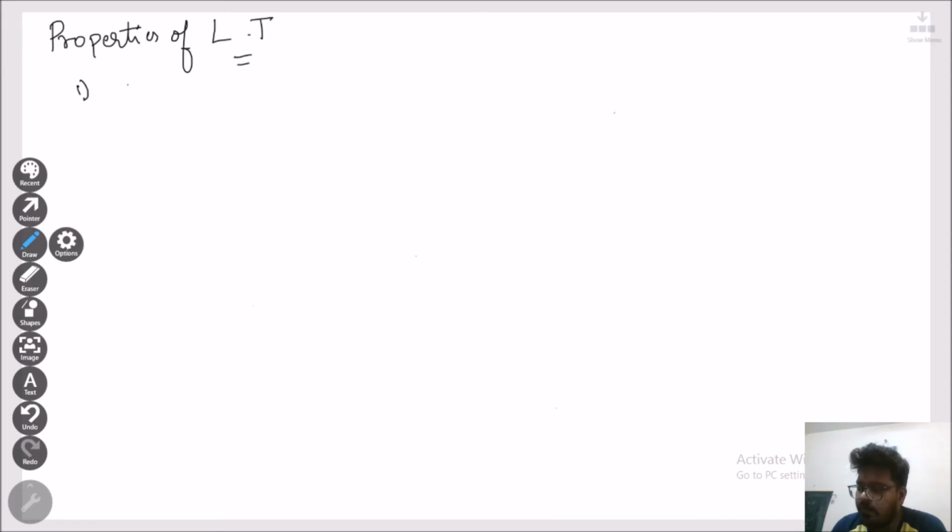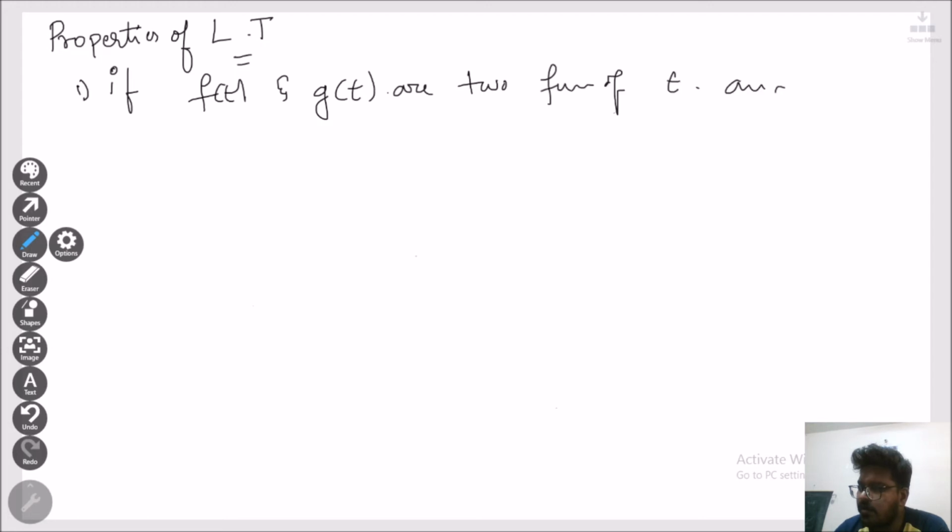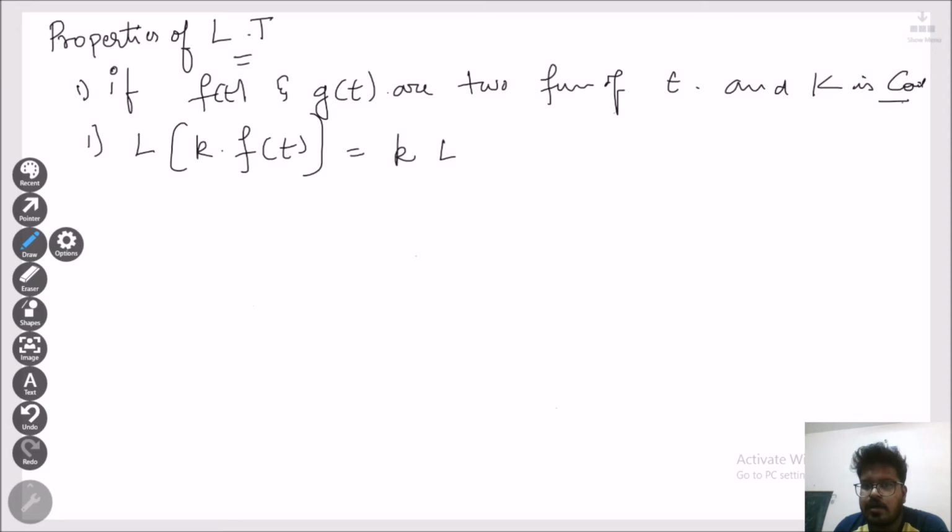That is, first, if f of t and g of t are two functions of t and k is a constant, then the first property is Laplace transform of constant into function is always equal to k into Laplace transform of f of t.